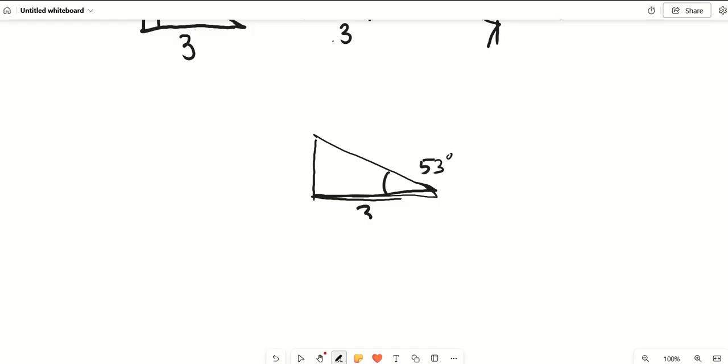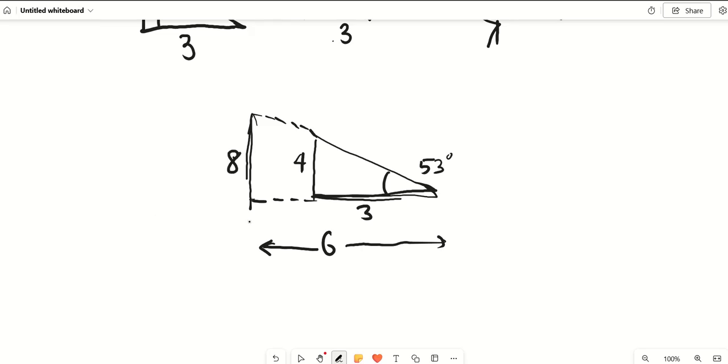If it's a 3 then it's a 4, right? Now let's further extend these two sides, then we get new ones. I had extended such a way that it becomes 6, I mean twice of this one. So this one will definitely be 8, right?